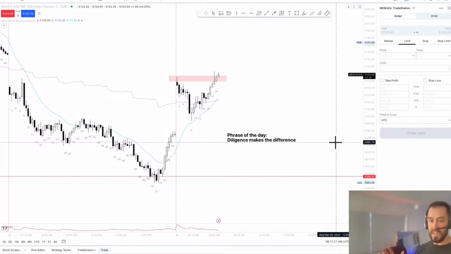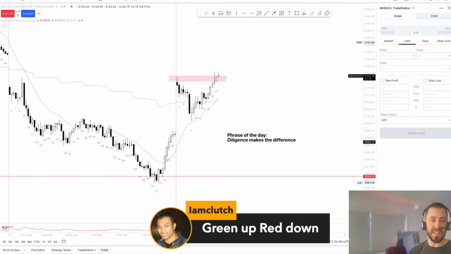That's hard enough. I don't want complex lingo to think through, like sweep and liquidity. I like this: green up, red down. Iron clutch. That's what I'm talking about. Give me more of that.